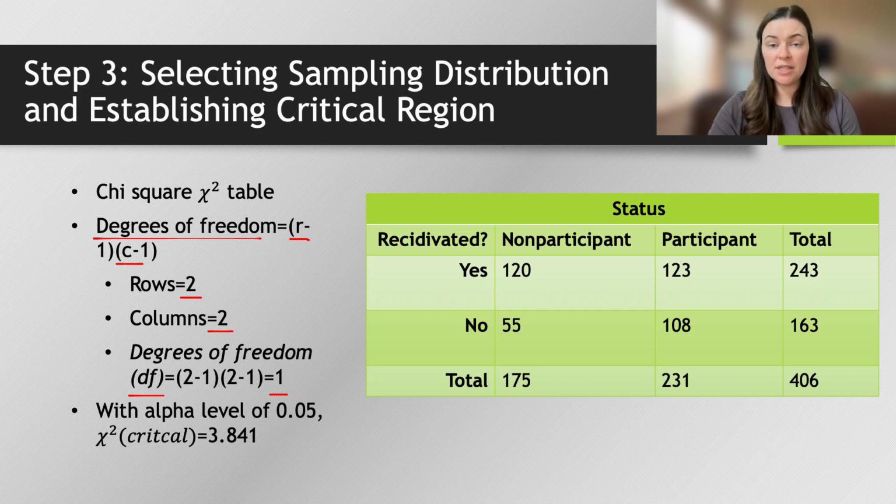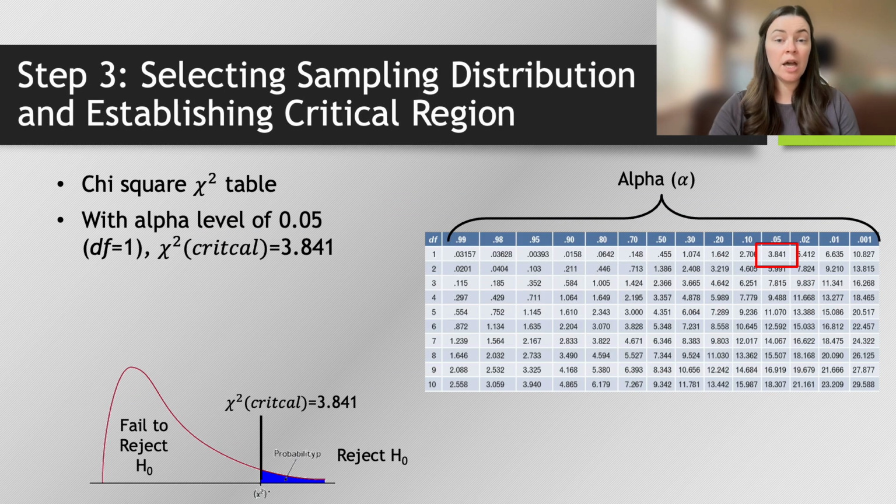If you look up this value with respect to a 0.05 alpha level on Appendix D, you will see that the associated chi-square critical value is 3.841. Another way to visualize this with the table is, again, go to that corresponding alpha level here on the top with our associated degrees of freedom of 1 to get that critical region.